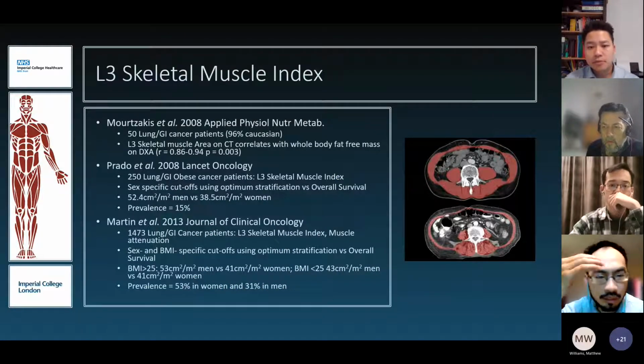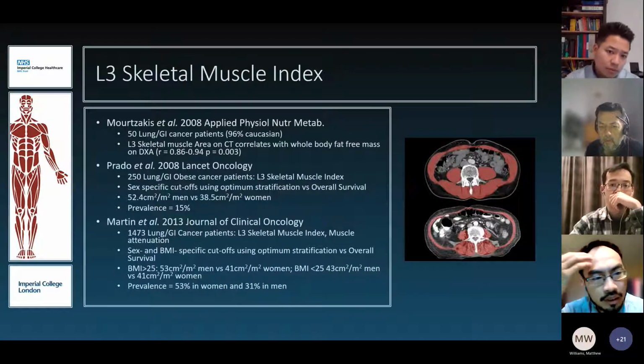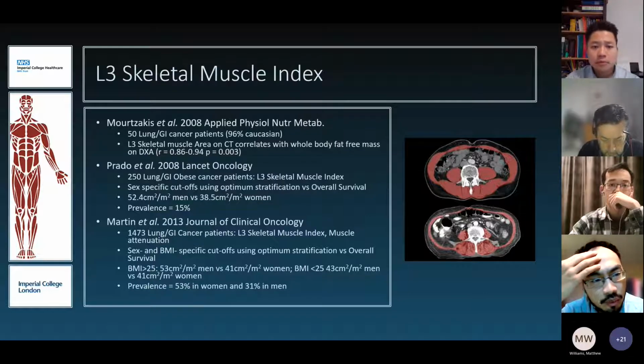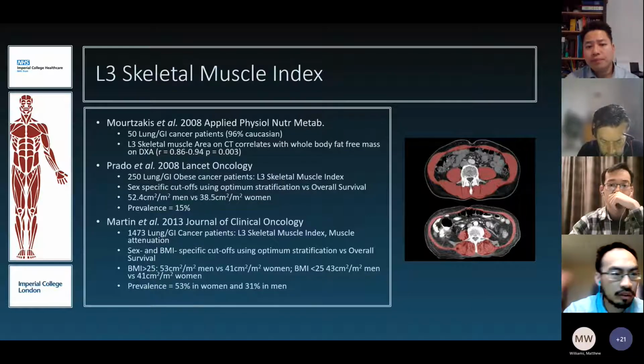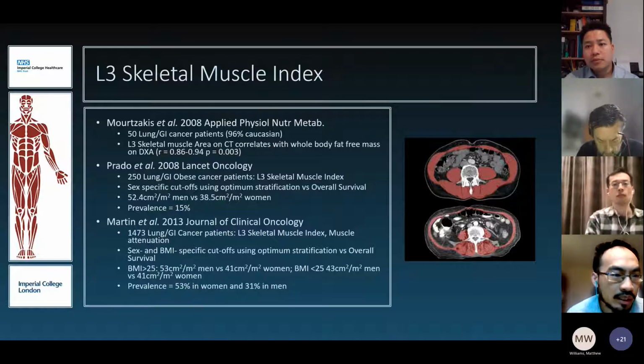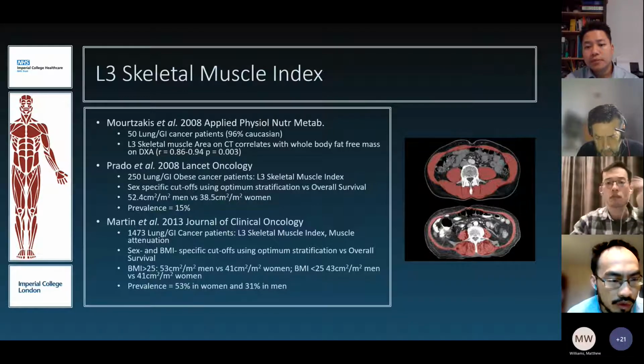Sorry for this slide being a bit wordy, but it's a bit of background on the L3 skeletal muscle index and why so many studies seem to be using it, and the importance of the few studies that everyone's quoting. So this is actually the same group that's doing all of this work. It's a Canadian group, and it started in 2008, with a proof of concept in 50 patients, a mixed population of lung and GI cancers.